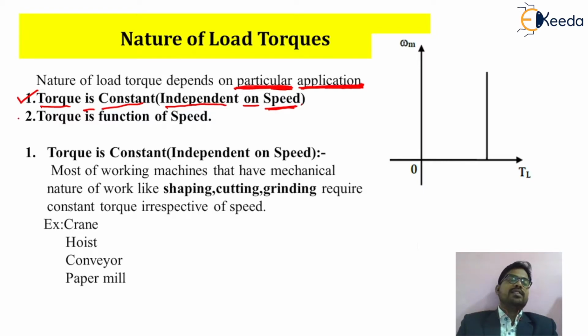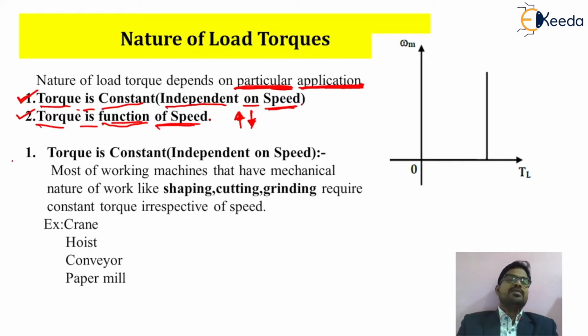The second type of nature of load torque is torque as a function of speed. Torque is a function of speed means that while we change the value of the speed, the torque will either increase, decrease, or maybe remain constant, depending on the function of speed. So the load torque basically has two types: first, torque that is constant, independent of speed, and second, torque that is a function of speed.